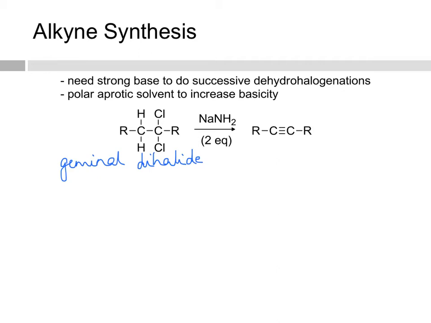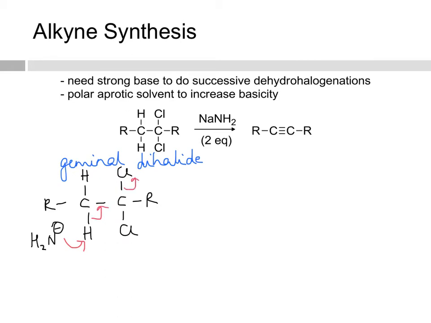So drawing out the mechanism, again, you're doing two successive E2 reactions, where you start with deprotonating with your strong base, and this forms the alkene.